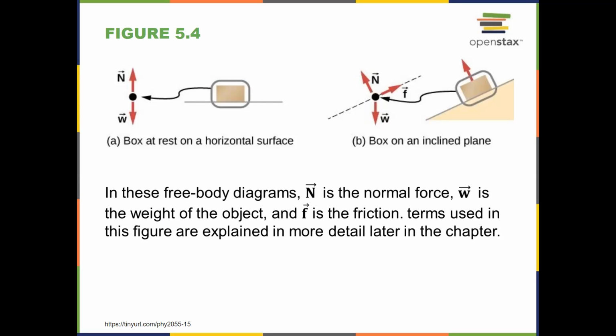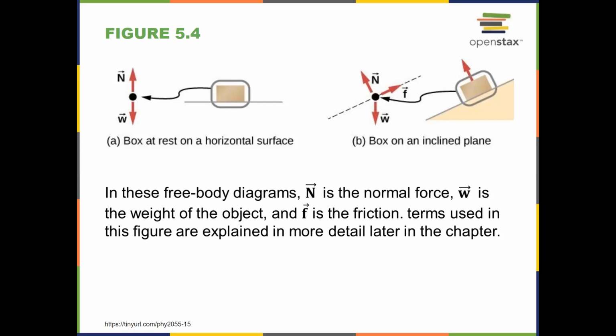The dot represents the box, the weight goes down, and the supporting force goes upward, okay? Because the box is resting, these two should be equal, with the same magnitude. So when you draw it, make sure you have about the same length for the two vectors, okay?